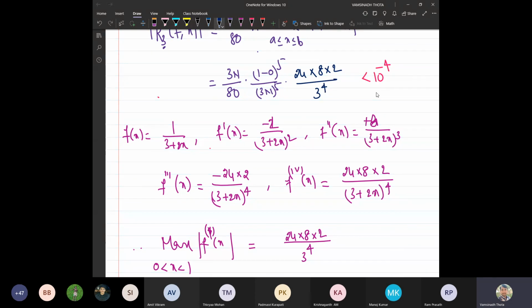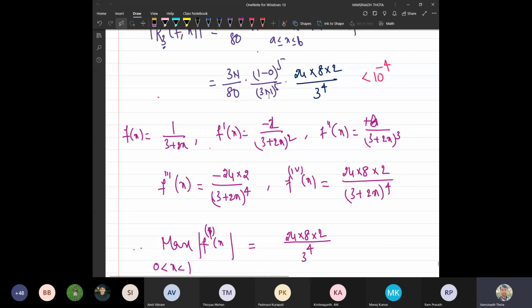Now if you simplify this, you will get the value of n. Here, 1 to the power 5 is the same. Finally, 3 is there.